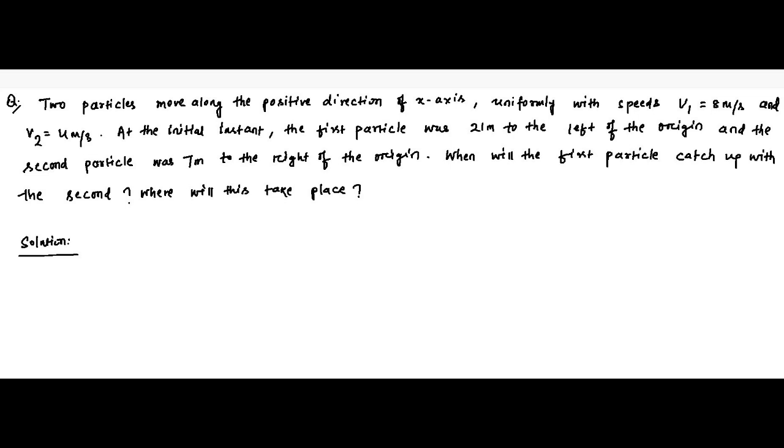At the initial instant, at the moment the observation started, the first particle was 21 meters to the left of the origin, the reference, and the second particle was 7 meters to the right of the origin. When will the first particle catch up with the second, and where will this take place?